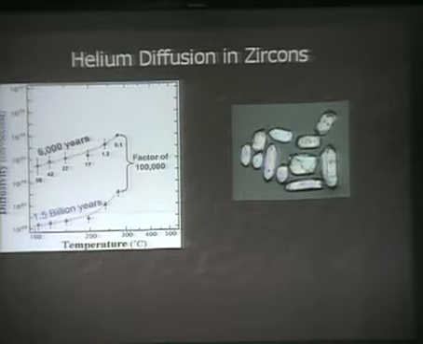Here's some data that the people at ICR did with the RATE project when they dated the diffusion of helium out of zircons. And here is a conventional relationship that's expanding, as you see, over a temperature range of roughly 300 to 350 degrees Celsius in a 1.5 billion year time frame.